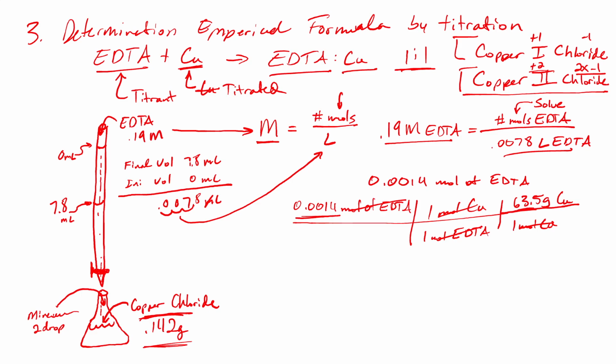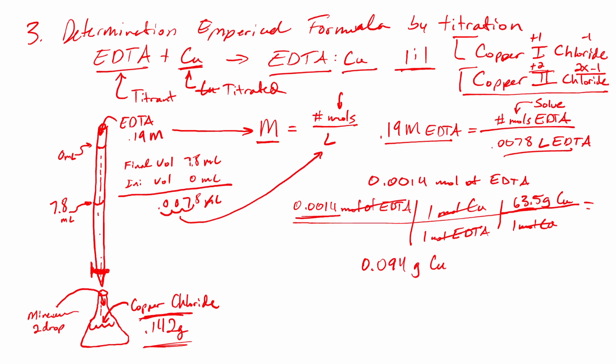So multiply that. And so I get the number of grams I get equals 0.094 grams of copper, right?